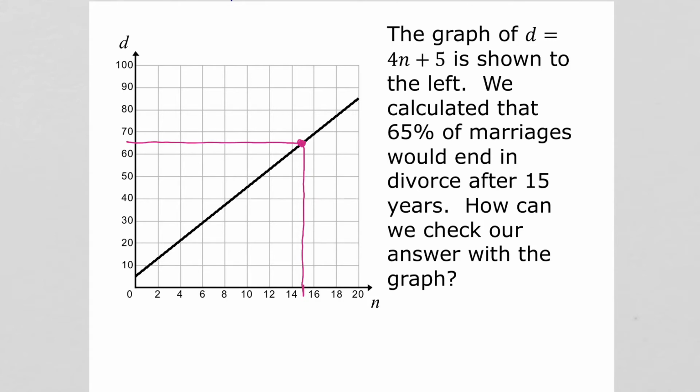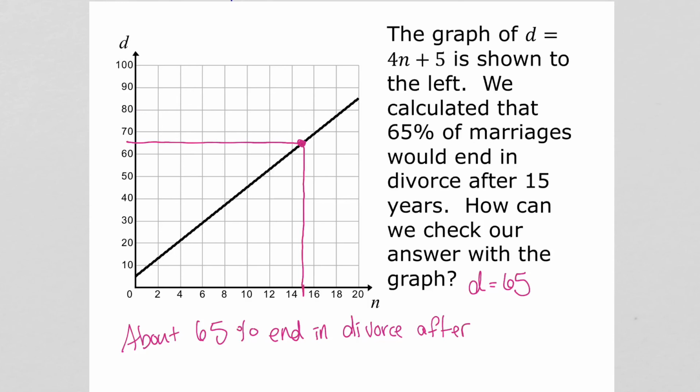So here, D is about 65. So that means about 65% of marriages where the woman is under 18 end in divorce after 15 years. And that concludes this section.